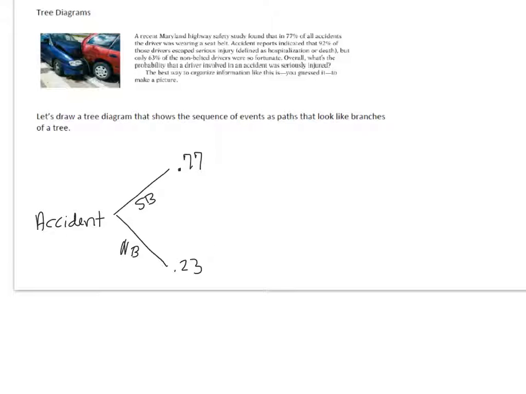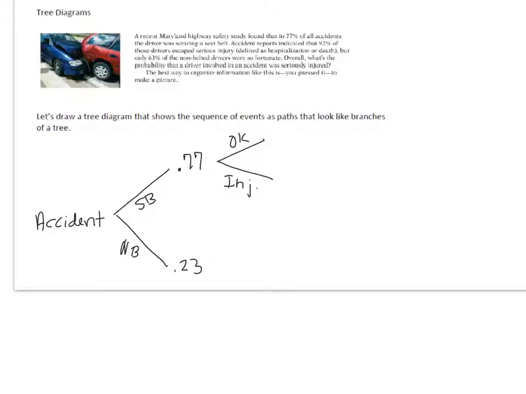Off of each of these, there are two things that come out of the accident. So out of the 77%, you could have been okay after the accident, or you could have been injured after the accident. So there are two outcomes there as well. There could be many more than two outcomes, but for the ones that we're going to be dealing with, generally we're going to have only a couple of different outcomes.